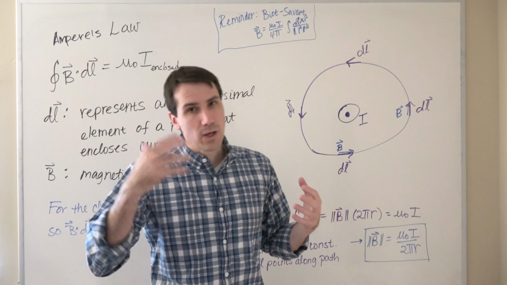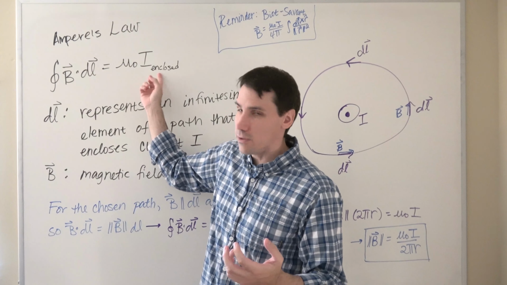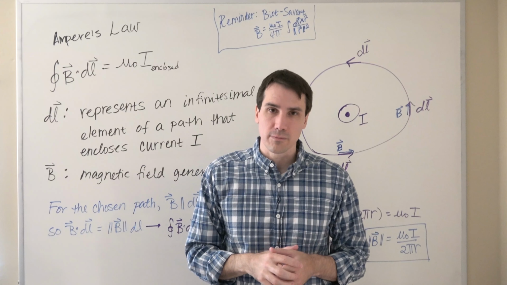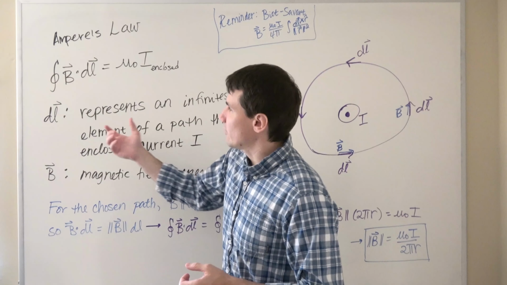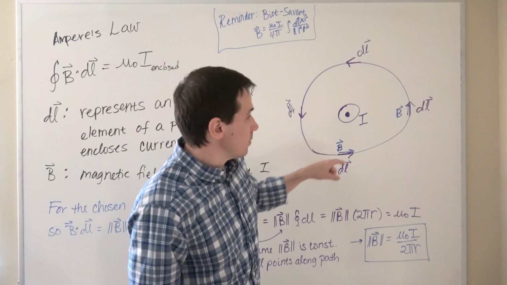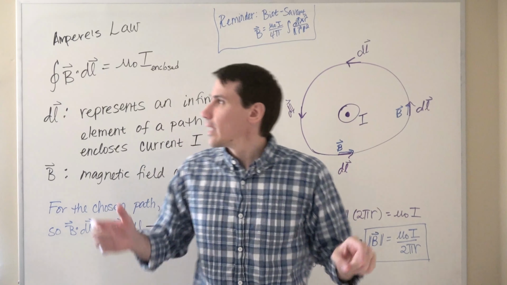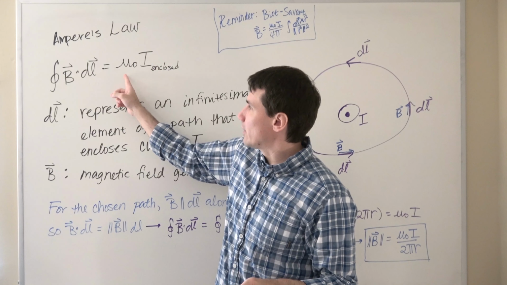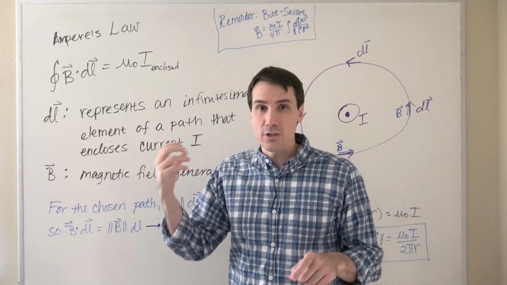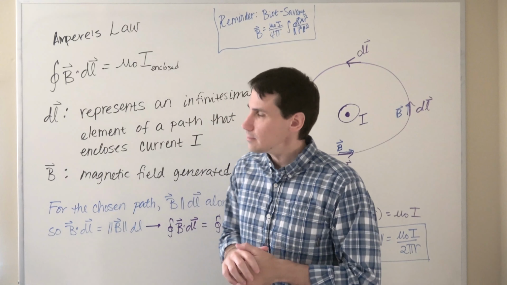Why would I do that? Well, because by doing that, I'm able to figure out how much current is enclosed by my loop. So the left-hand side of Ampere's law tells me about this integral of the magnetic field around my loop, and the right-hand side tells me about the current that is enclosed by my loop, which is my current I here.